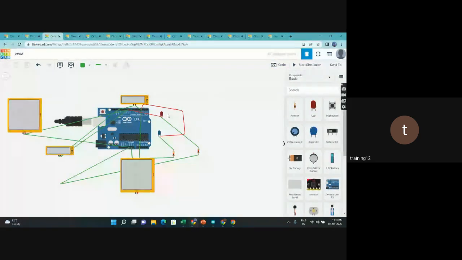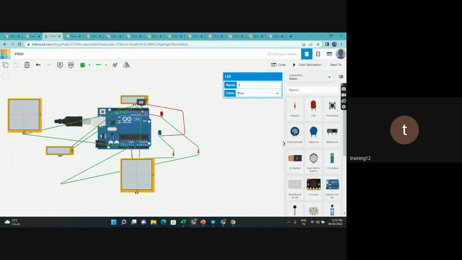I have already connected the 9th pin of the LED to the Arduino's 9th pin, and the ground pin is connected to the ground. The LED anode pin is also connected to the 3rd pin.